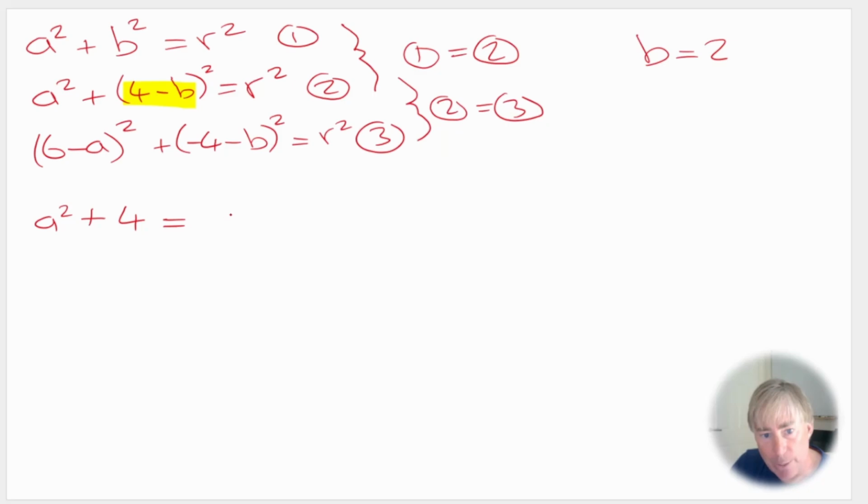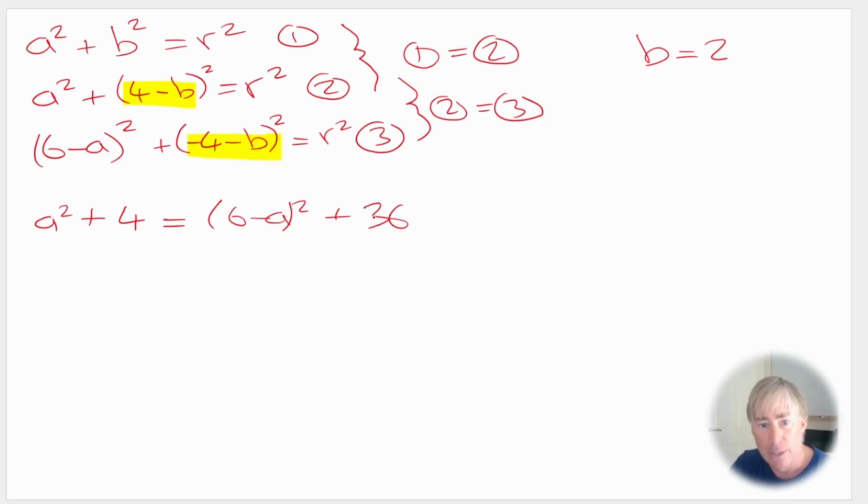So that's (6 − a)² plus (−4 − 2)², which is (−6)², which is 36.